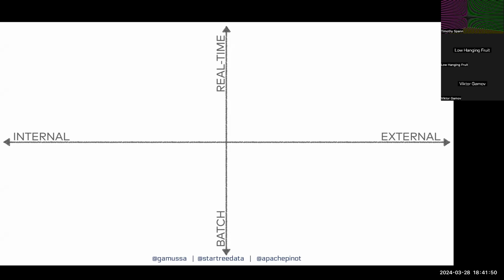Internal is something that you run inside your organization to support the business. It's not necessarily your core business application. And batch versus real time is fairly self-explanatory in terms of how quickly you're getting this data. This data will be used for certain decisions that you make inside your business. So we'll start with internal and batch. Typical example: reports.